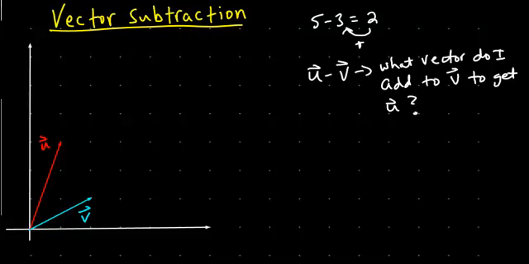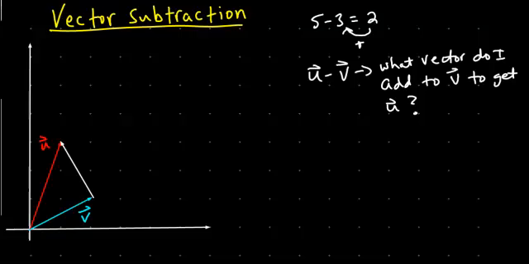Okay, so if we look at it over here, vector addition is simply going to the end point and putting the vector there. So I go to the vector v and put a vector at the end point of v, and that gives me, let's call that vector w.